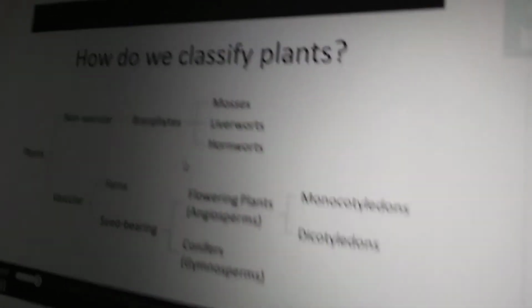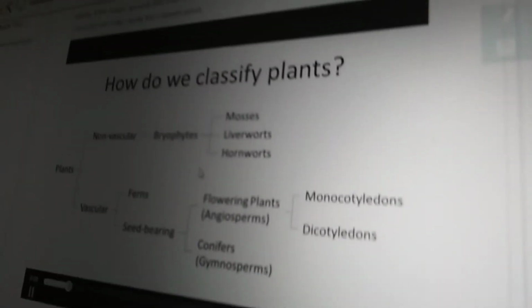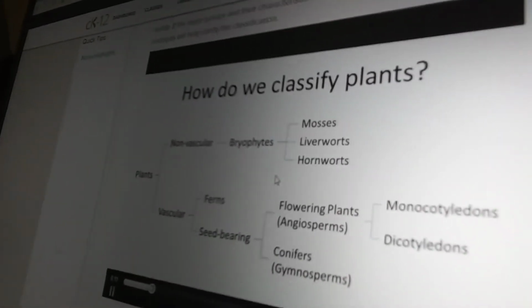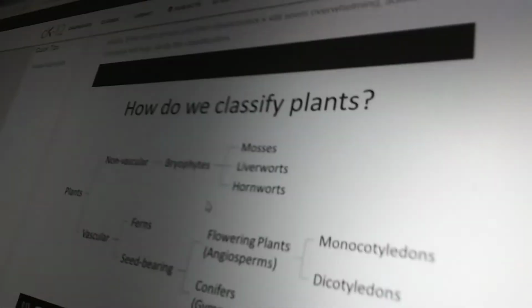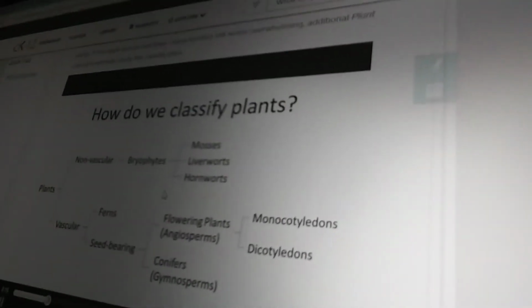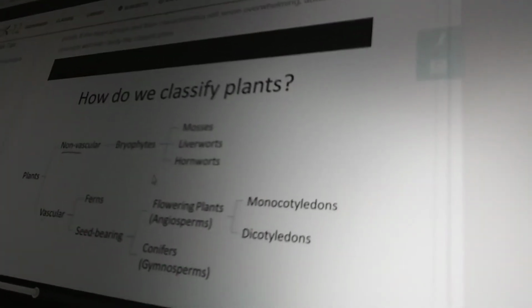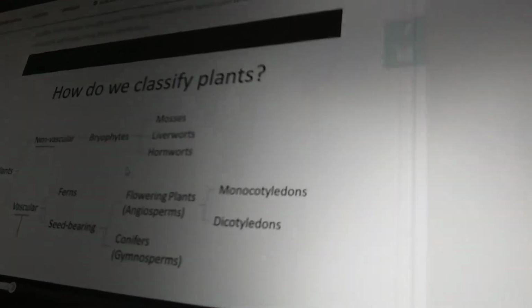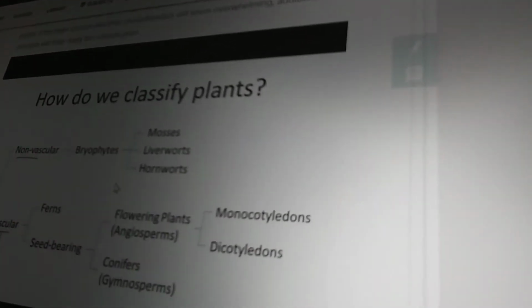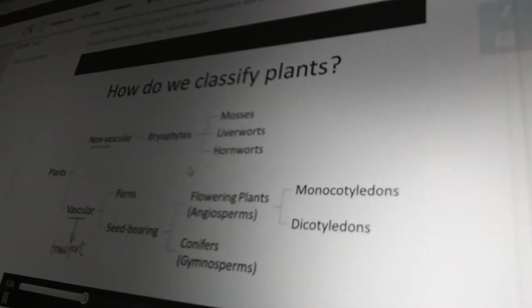There are two rough ways of classifying plants, either by dividing them by vascular and non-vascular tissue, or by seed-bearing and spore-bearing plants. Neither is really better than the other. It's more of a preference of which differences you would like to draw attention to. And you can see in this flowchart, it's a division between non-vascular and vascular plants. And vascular tissue is the tissue within plants that transports water and nutrients up the roots and stems.